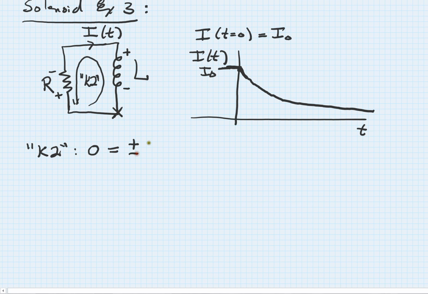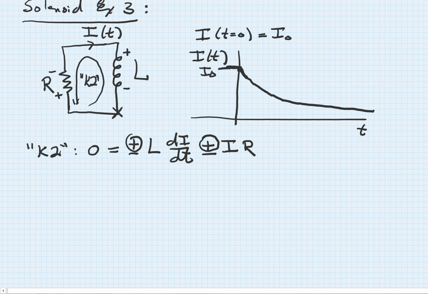So plus or minus L times di dt is the effective voltage, but because I'm going from the minus to the plus side, that comes in as a plus sign. Similarly, as I come across the resistance, I'm going upstream through the resistance from minus to plus. So that's, again, plus or minus IR, but in this case, it's actually going to be plus.